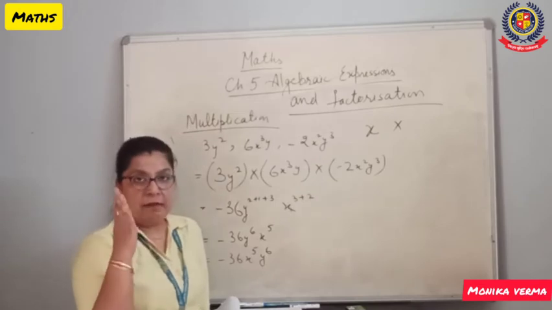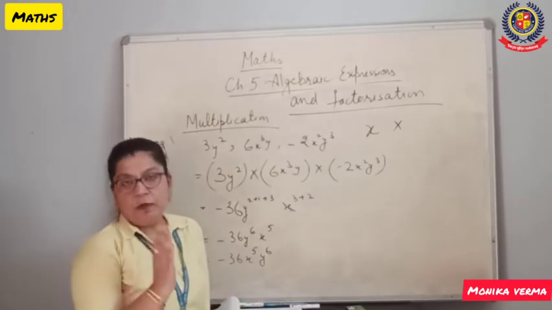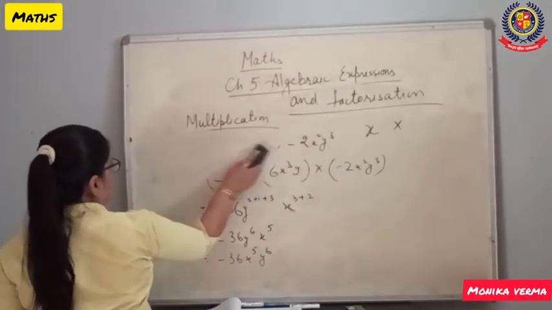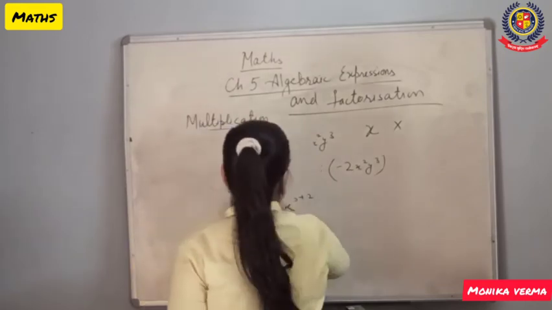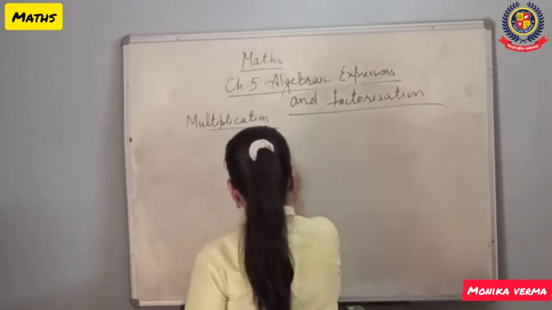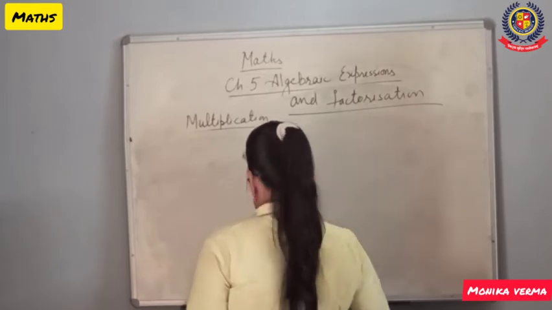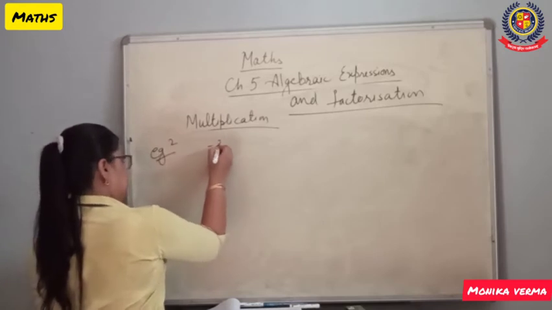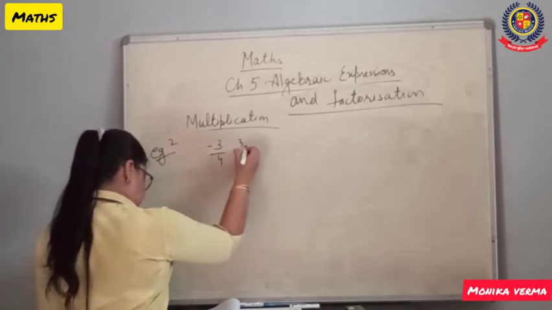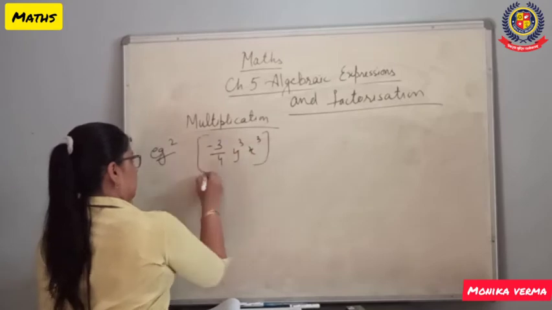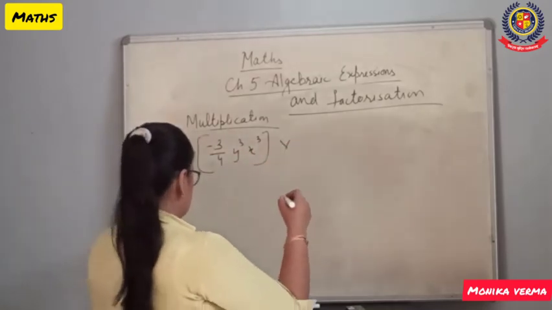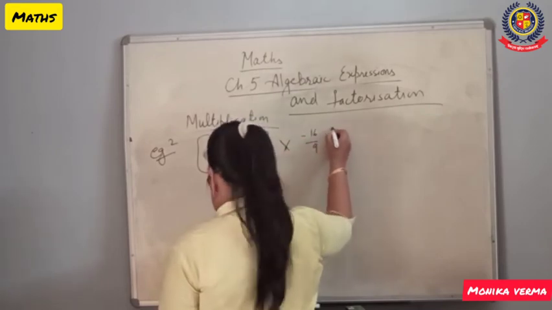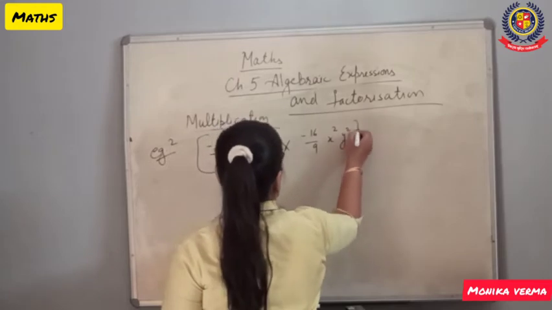What we have done, we have multiplied first the signs, then the numeric part, then the variable part. Let's do one more example. Minus 3 by 4 y cube x cube multiplied by minus 16 by 9 x square y square.